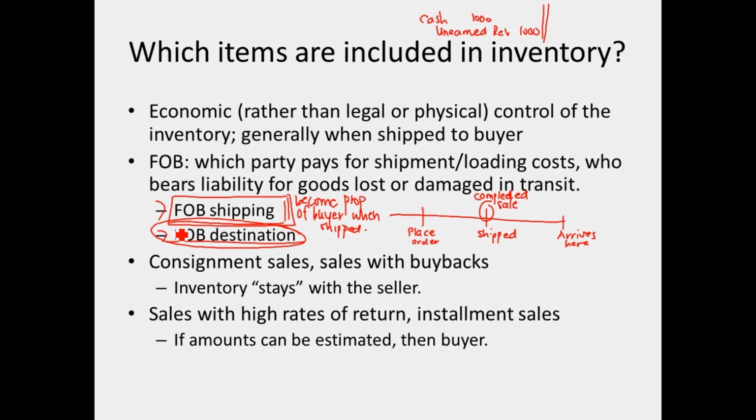How do we do it? Now, it's not that every single contract is renegotiated. Most contracts have standard terms. Think about Amazon. They don't specify whether it's FOB shipping or FOB destination. What do they specify? They will take back anything. If you say it didn't arrive, they will take responsibility for it.